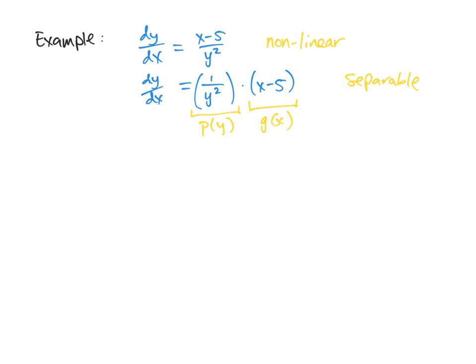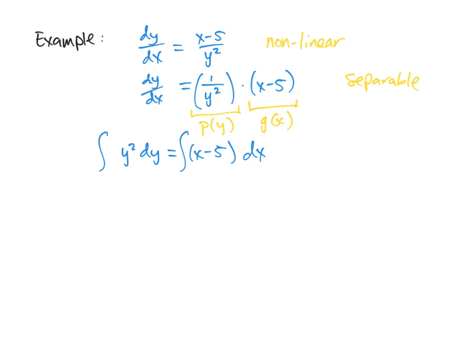So now we can do our little shortcut and we can get all the y's on one side, all the x's on the other side. And so this is pretty easy. We get y squared dy equals x minus 5 dx. And then we can integrate.